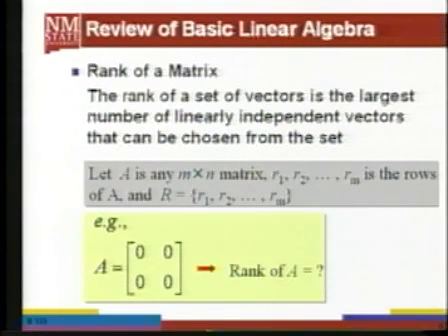In this case, rank A is 0. Because for the set of vectors, R is (0, 0) and (0, 0).